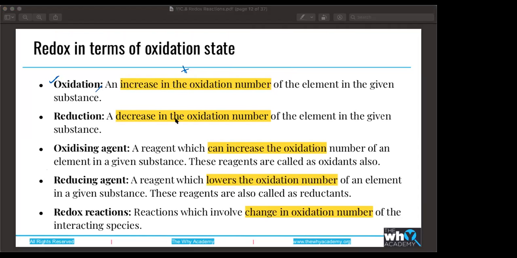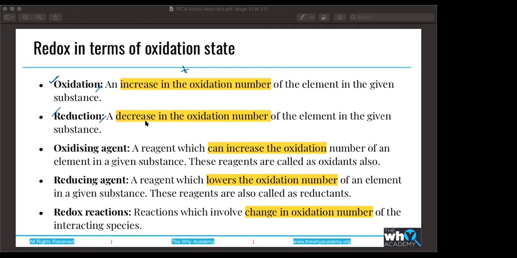And if there is a decrease in oxidation number, you say reduction is taking place. An oxidizing agent is the reagent which can increase the oxidation number of an element. They are also called oxidants.